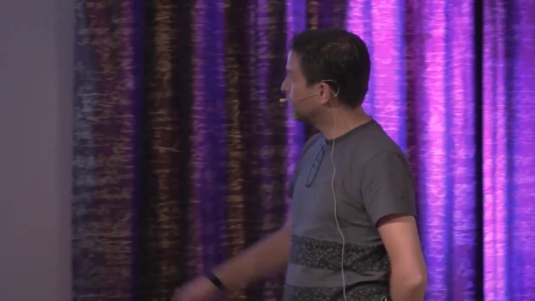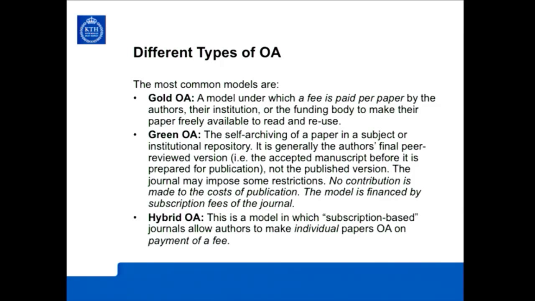Okay, so then we heard, I think in the previous talk, hybrid OA was mentioned. But there are different models of open access, and different countries have decided on different policies on which of these kinds of open access should hold for the researchers who get funding from different state organizations.